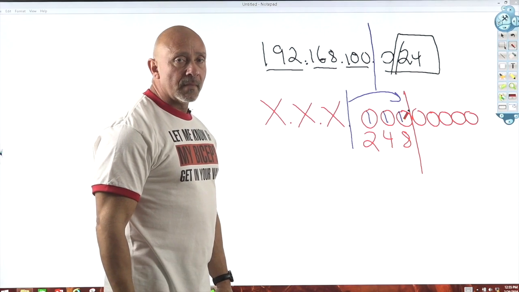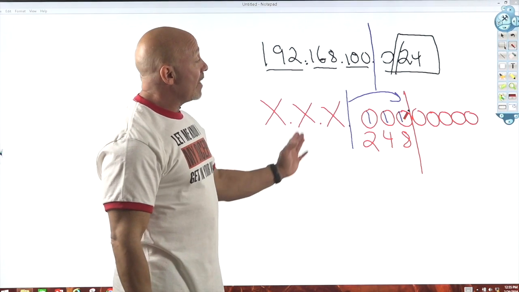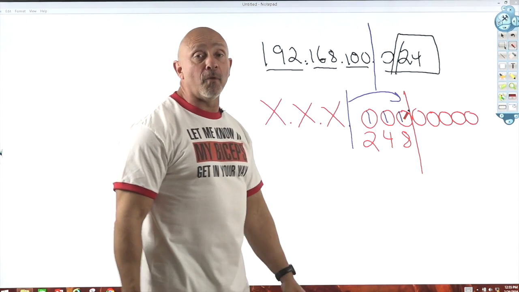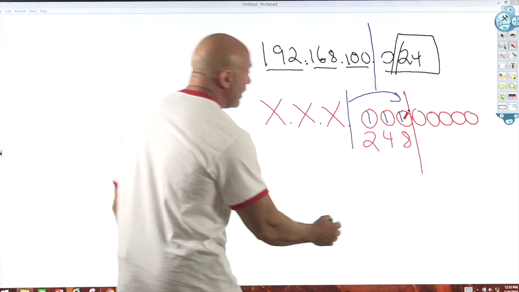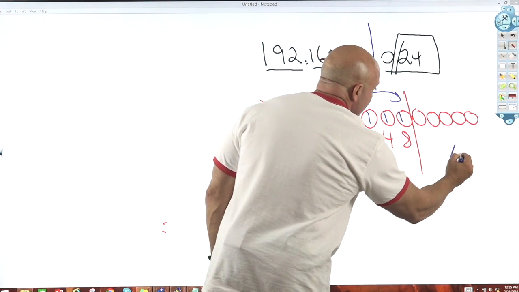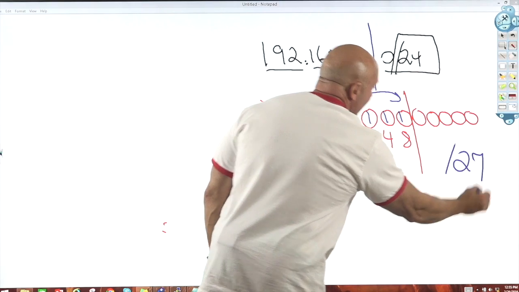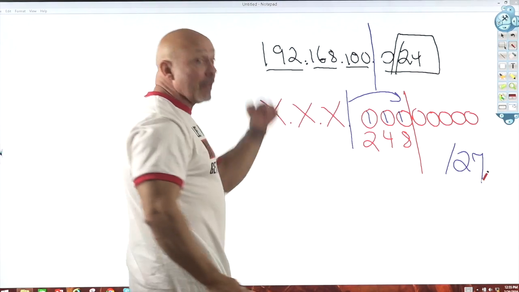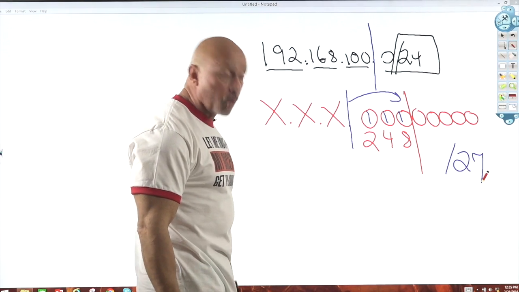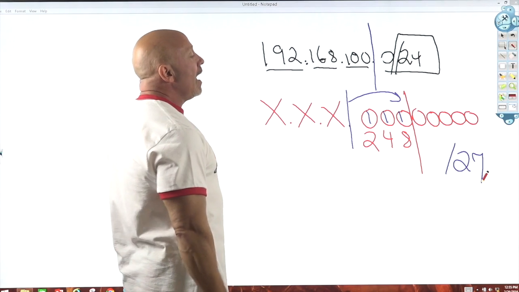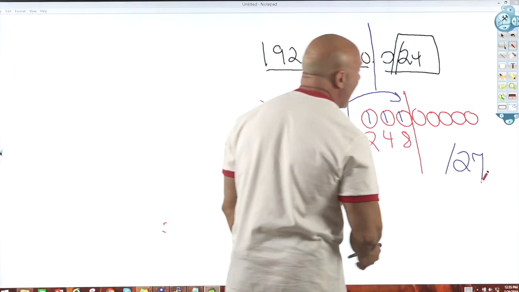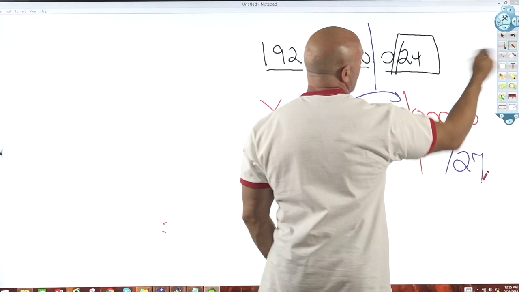Okay? So that means that the mask is no longer 24. What's the mask going to be? 27. That's our new mask. We added 3 more bits, that makes it 27. How many hosts do we have? I'm going to change the color back to red.